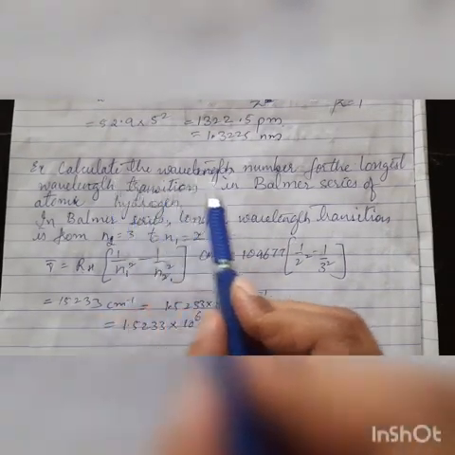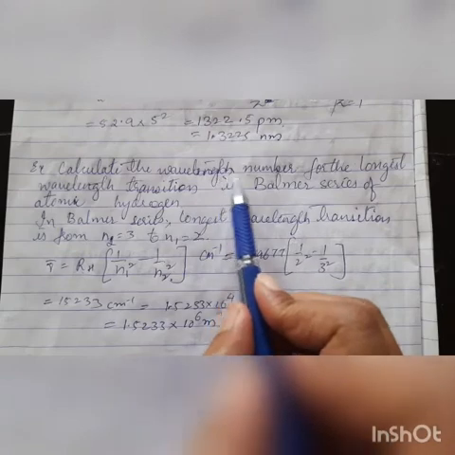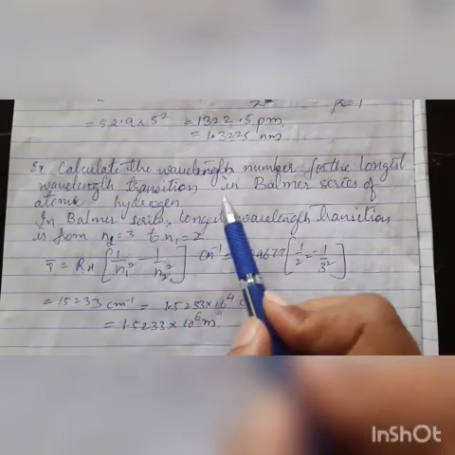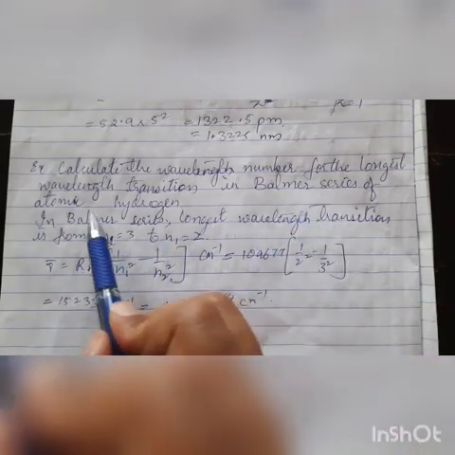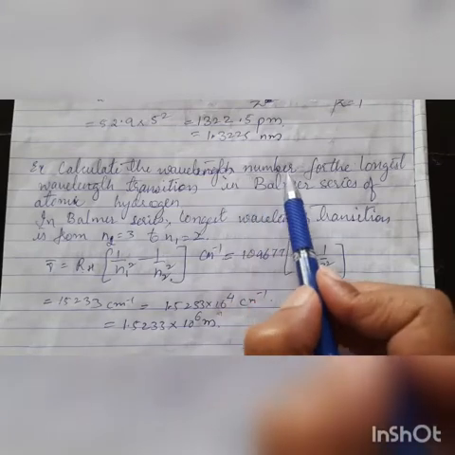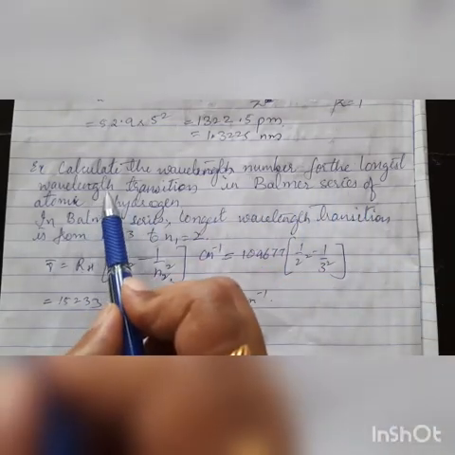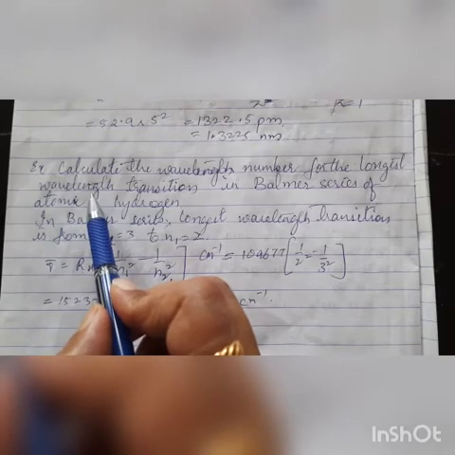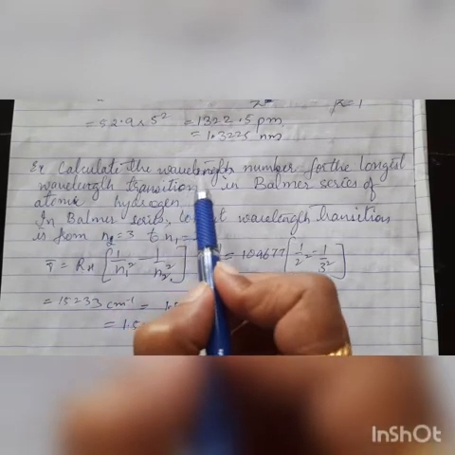Let us calculate the wave number for the longest wavelength transition in the Balmer series of atomic hydrogen. See, they are asking for the wave number for the longest wavelength. So the longest wavelength should be known to you first, and only then will we be able to find the wave number.